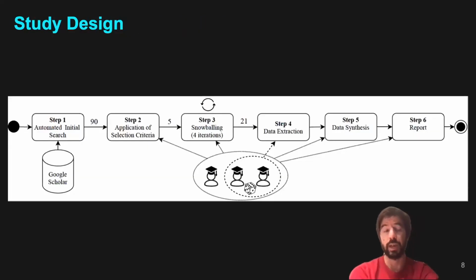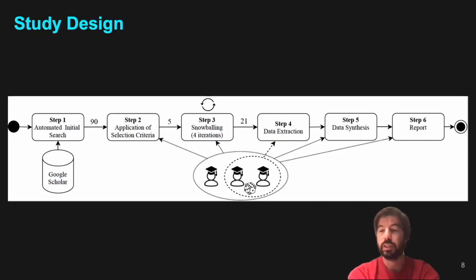The design of our study is a very standard one. We started with performing an automated search on Google Scholar, looking for papers with titles that contained the words technical debt and antipatterns, and also machine learning and artificial intelligence and related synonyms. We found 90 papers. We applied our inclusion and exclusion criteria, out of which we selected 5 papers.